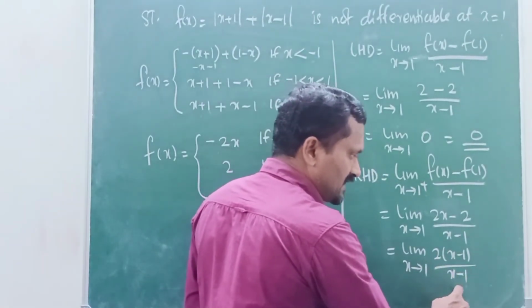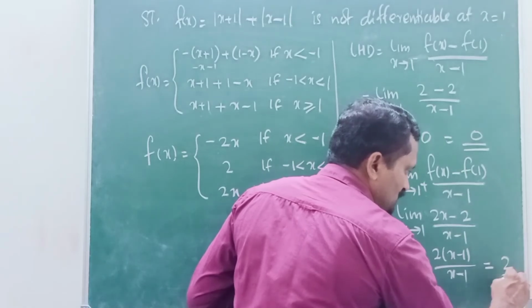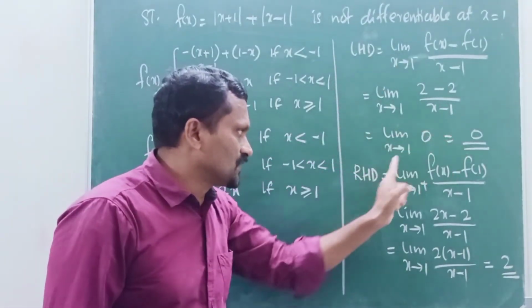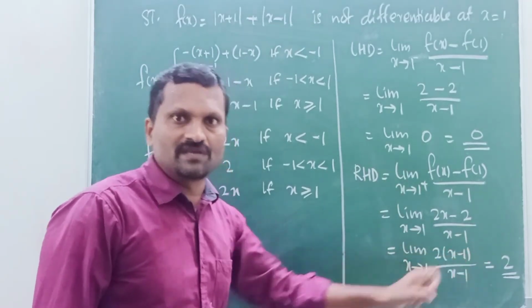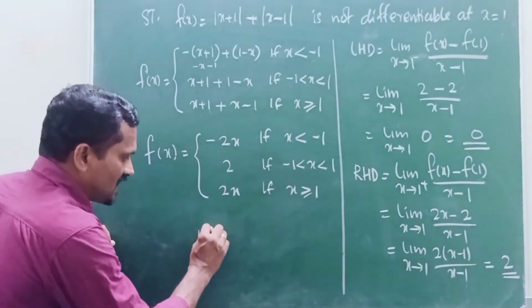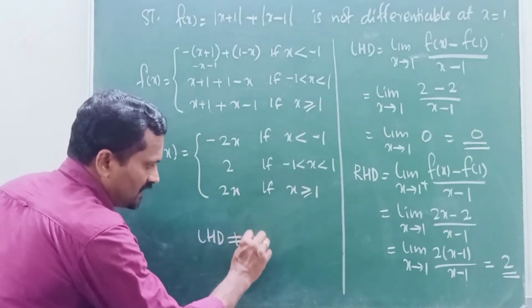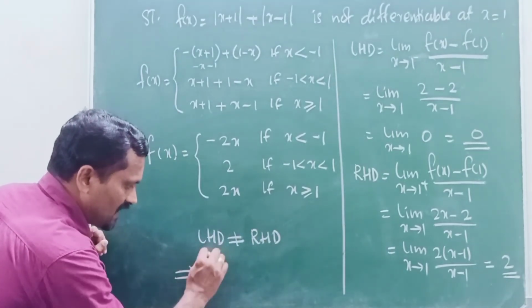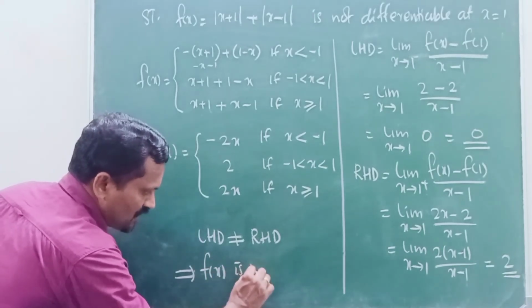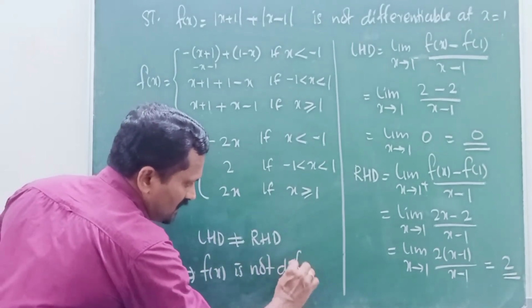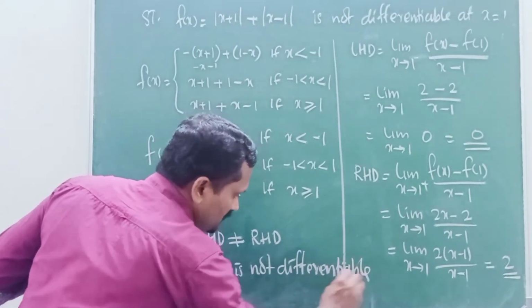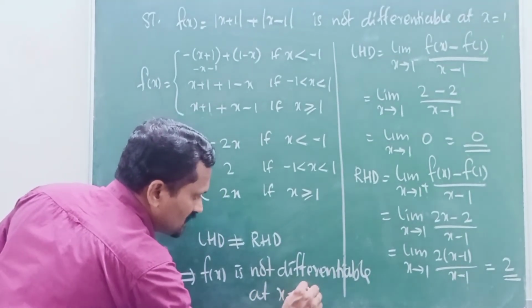X minus 1 gets cancelled, that's equal to 2. Here, left derivative is 0 and right derivative is 2. That is, LHD is not equal to RHD, which implies f of x is not differentiable at x is equal to 1.